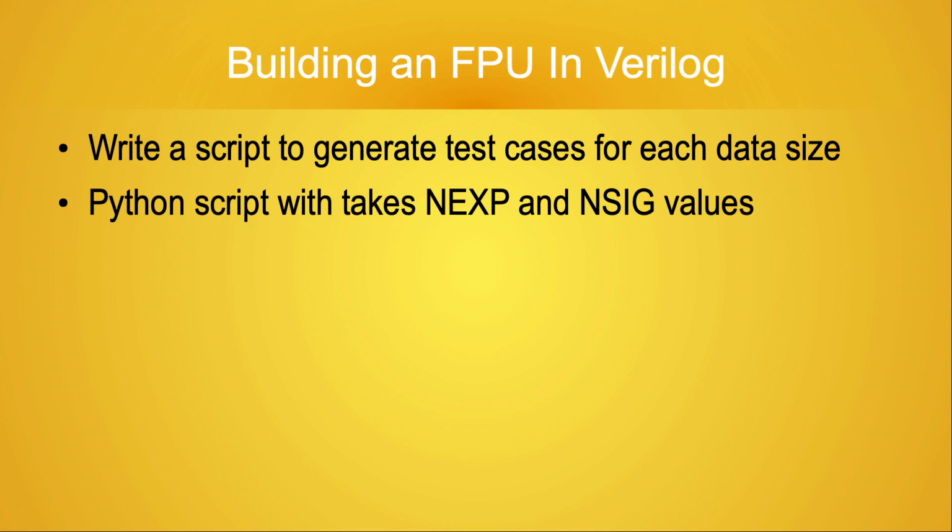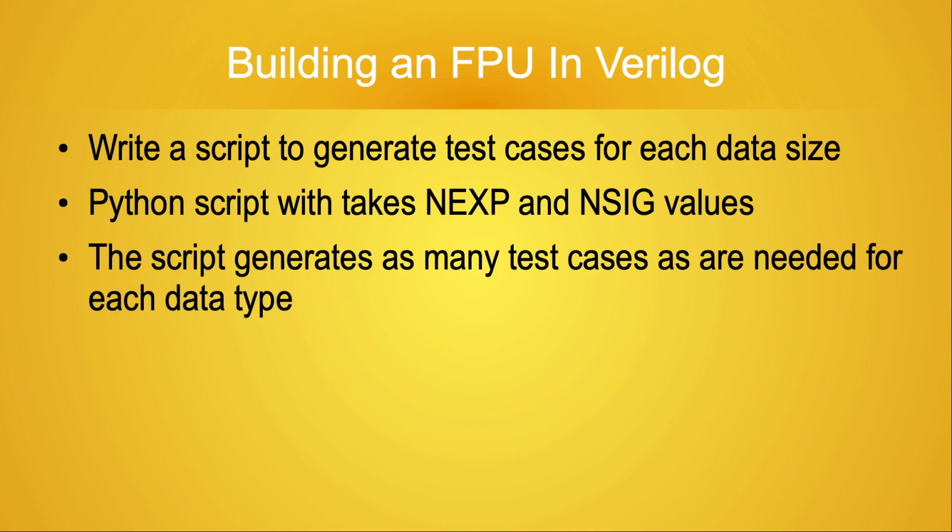The Python script takes NEXP and NSIG from its command line. The script also computes the number of test cases it generates based on the size of the exponent and significand fields. That is, when testing 16-bit floating point numbers, the script will generate far fewer test cases than when we wish to test 32, 64, or 128-bit floating point numbers.